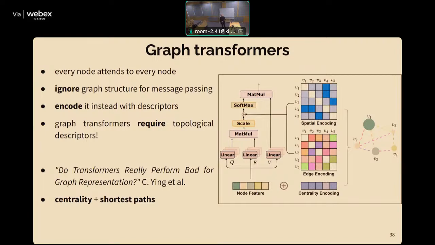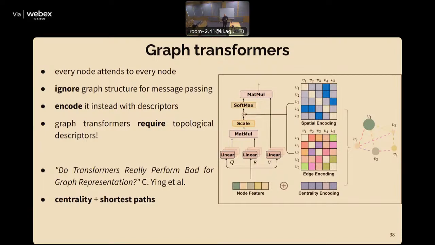But we encode it instead using topological descriptors, because topological descriptors describe the topology very well. Graph transformers, for this reason, are based on topological descriptors. You cannot have a graph transformer that does not use topological descriptors, because simply it wouldn't work.